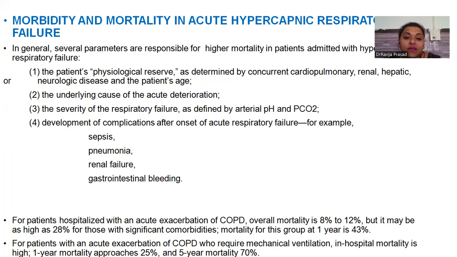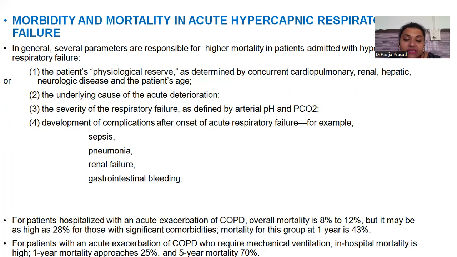The underlying cause of the acute deterioration, the severity of the respiratory failure defined by the arterial pH and PCO2. Then the development of complications after onset of acute respiratory failure, for example, sepsis, pneumonia, renal failure, gastrointestinal bleeding.